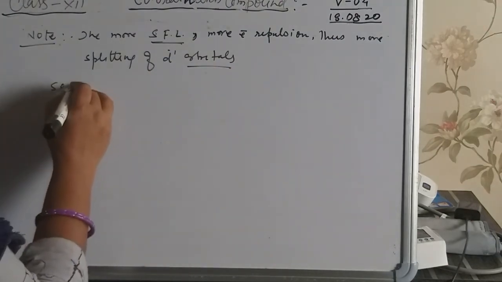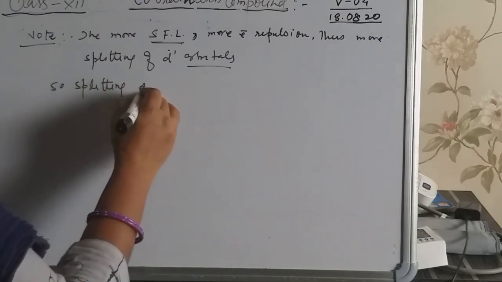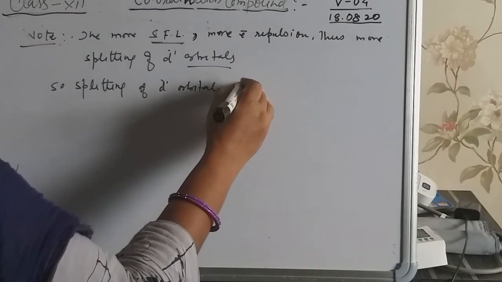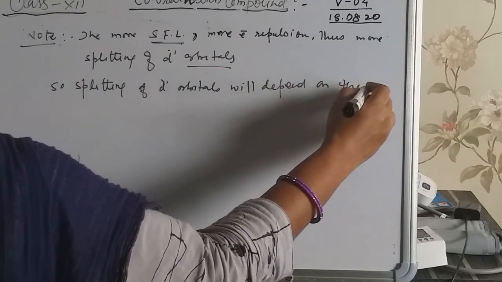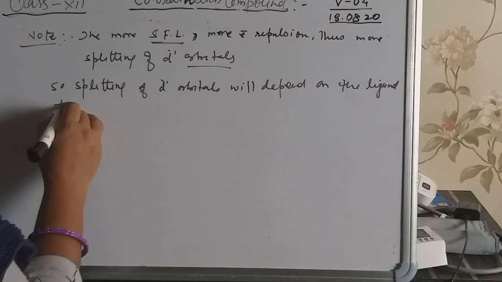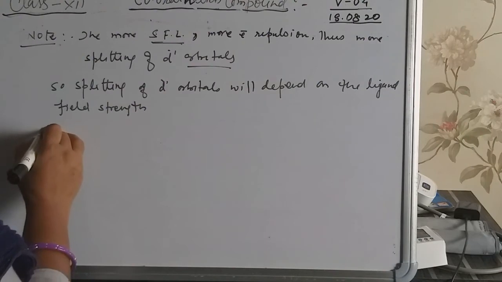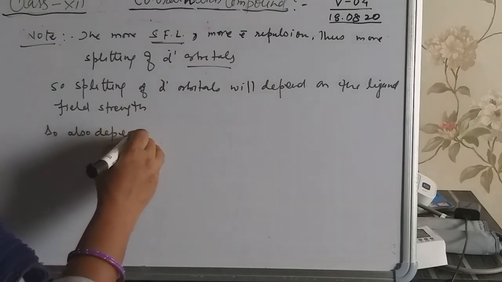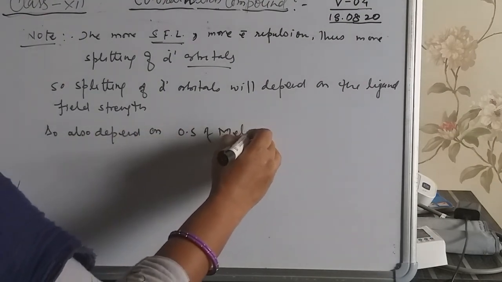So splitting of d orbitals will depend on the ligand field strength. Delta naught also depends on the oxidation state of the metal.